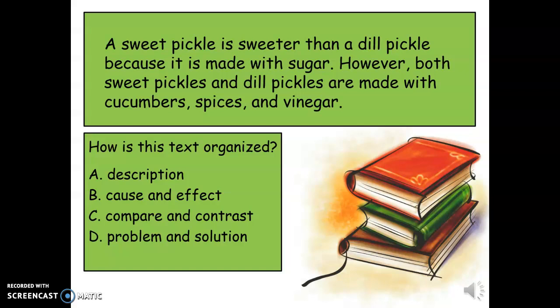If I read on a little further, I see some other clue words, however and both, which are also clue words that would indicate a contrasting detail between these two main ideas or two topics. So let's look down at our answer choices. We have description, cause and effect, compare, contrast, problem, and solution. So again, that comparative adjective sweeter would indicate that this is a compare, contrast structure. So C is a good choice here.